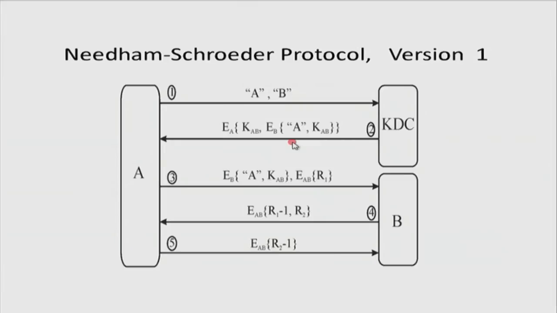And together with the ticket, of course, he also encloses the session key as another part of this message and encrypts the entire thing with A's long-term key so that only A can read it. So when this message goes to A, A decrypts it, and he gets this session key, and then he gets this thing. Of course, he cannot see what's inside this because it's encrypted with B's long-term key. So he receives this entire thing, and then he sends that ticket.